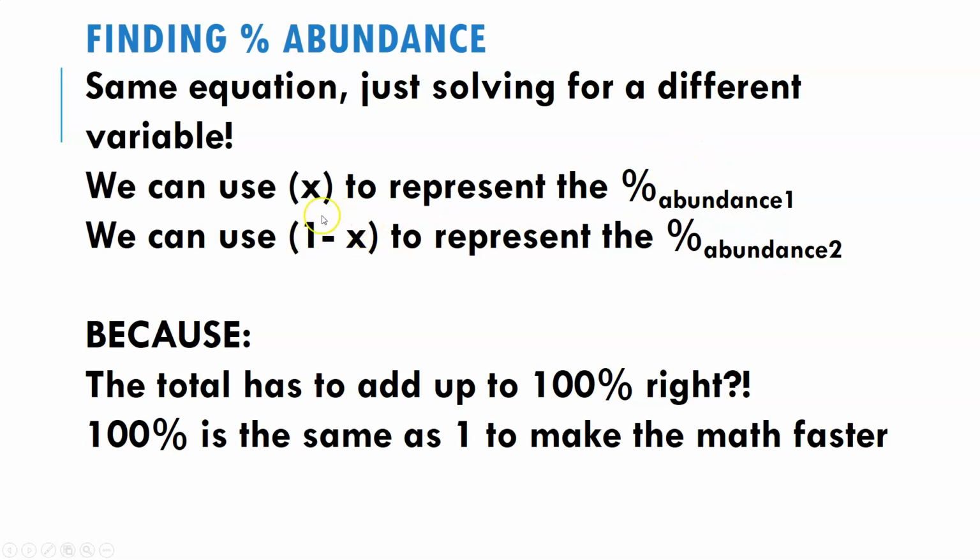If I subtract it out, it will by default tell me what my other unknown is. So while it looks like I have 2 unknowns, because they're related to each other by this 100% concept, I can use that to my advantage to substitute and move things around so that I really only have one variable to solve for. Okay?